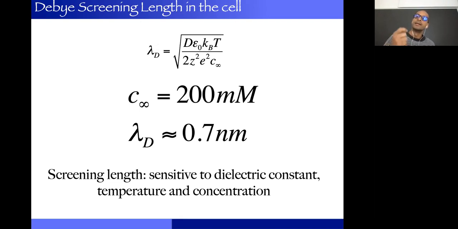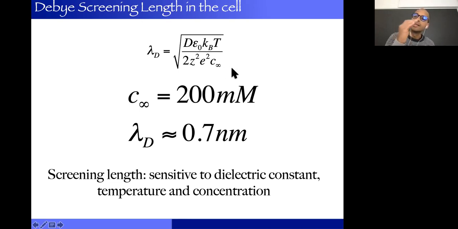The factors that control this Debye screening length are, no surprise, the dielectric constant, thermal energy, and then the factors at the bottom that correspond to the electronic charge and the number of valence charges. For example, in sodium this would be +1, in chloride this would be -1, so this is an integer.